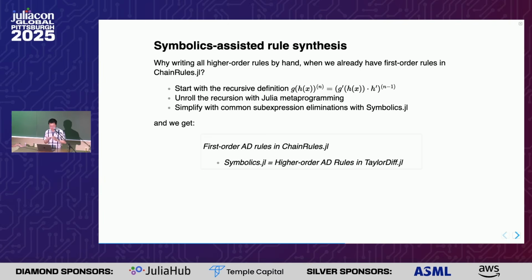However, we can always unroll this recursive definition at compile time with Julia metaprogramming. And if you define all the primitives like this using Symbolics, it is just like a mini compiler in the Julia language.